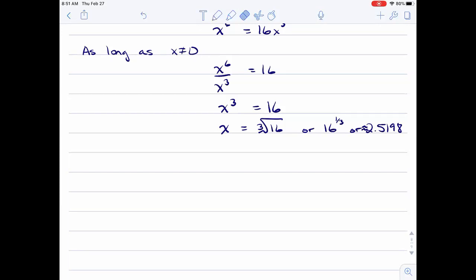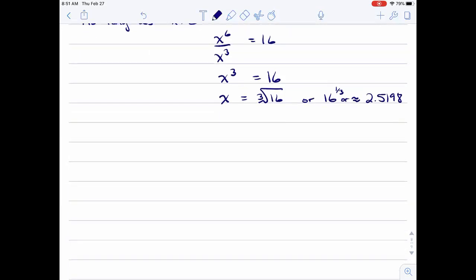Got a little squished here. So now we know the value of x, where the slope of the tangent line is 0.